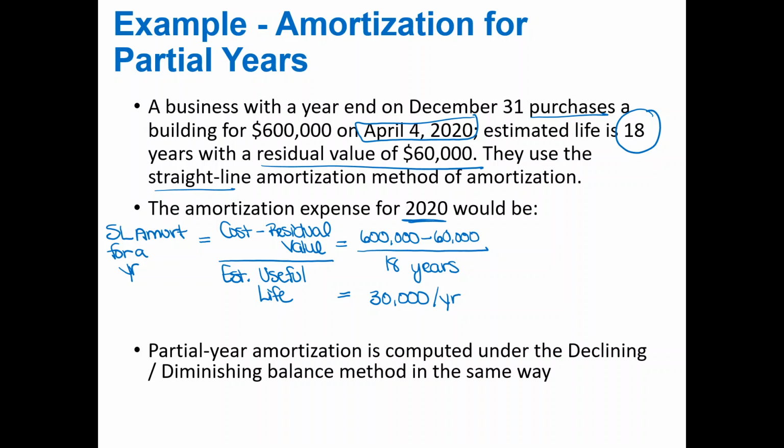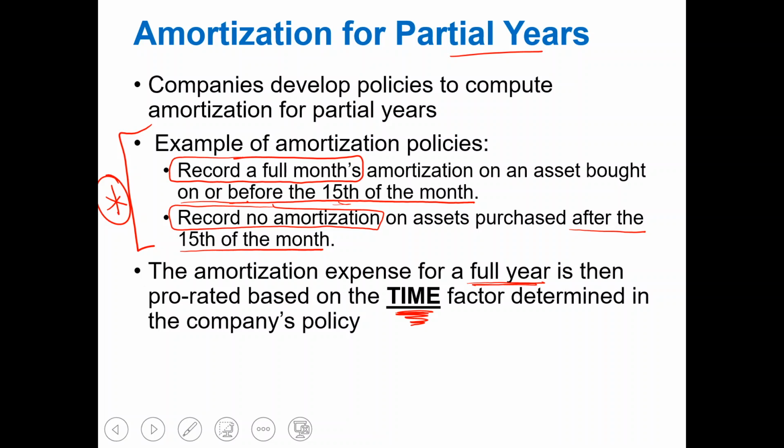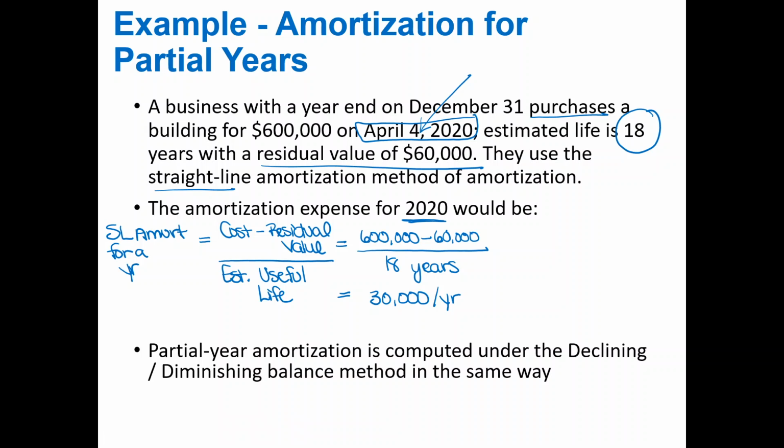But in 2020, we purchased this on April 4th. So first, we need to decide, does April count as a month of ownership? On the previous slide, I said if it was bought on or before the 15th, which the 4th is before that, we're going to record a full month. So yes, if it's on April 4th, we count April as a month. So how many months in 2020 did this business own the building?